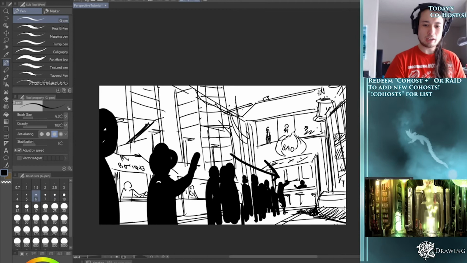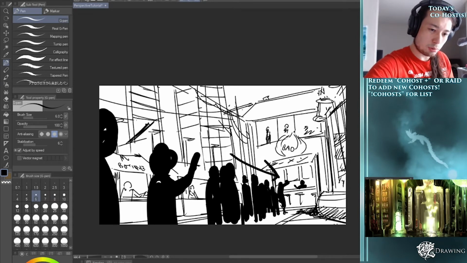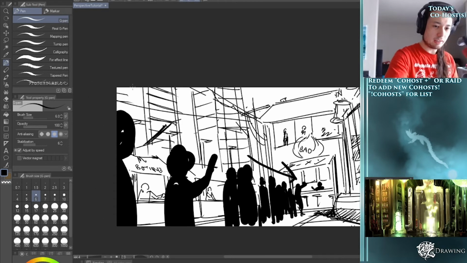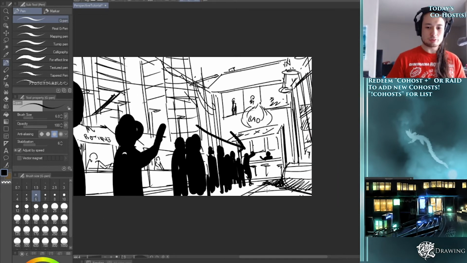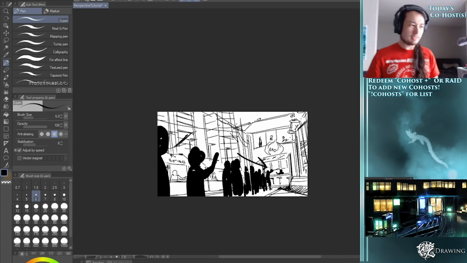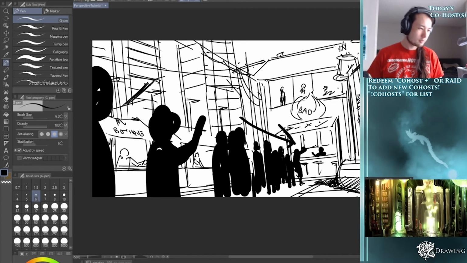So you see how vague I can be about this? Literally, I'm just putting in all these lines pointing in this direction, and it's creating this nice flow. That's it. That's the gist of my composition right here.